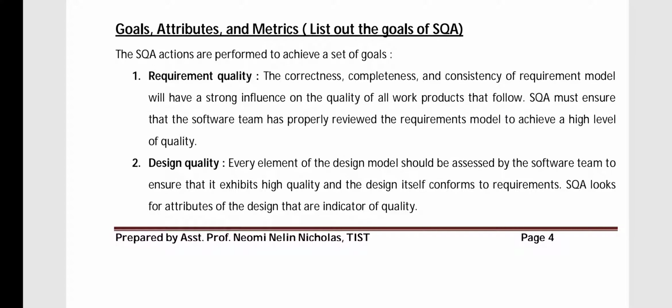So if the requirement model is completely correct and consistent, the quality of the work products that come out of it would be very good. Okay, so SQA must ensure that the team has properly reviewed the requirements model to achieve high level quality.